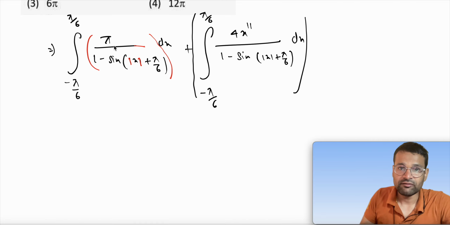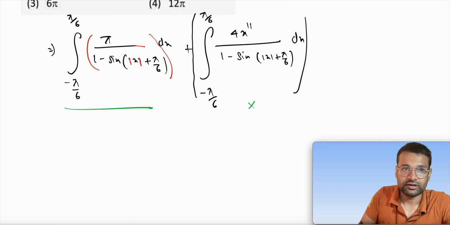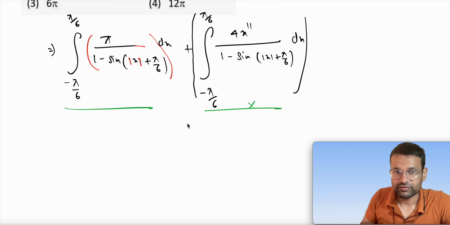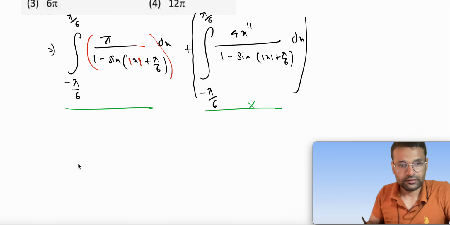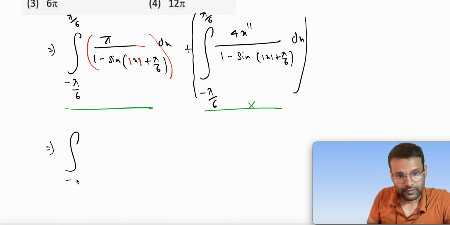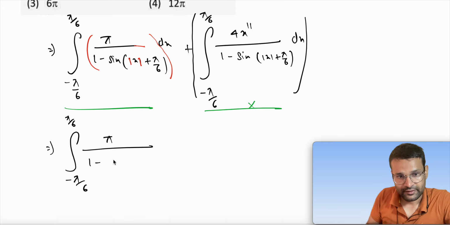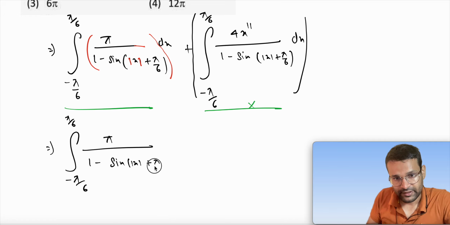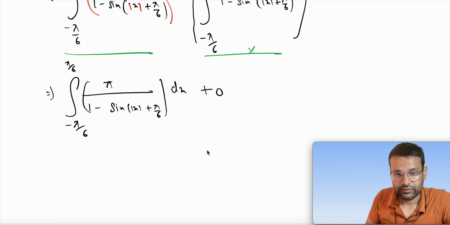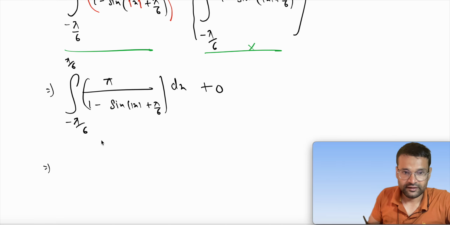So we solve only this part; we don't need to solve this one, because this whole becomes zero. Now the integral from minus pi upon 6 to plus pi upon 6 of pi by 1 minus sine of mod x plus pi by 6 dx, and this is the even function because of this mod.